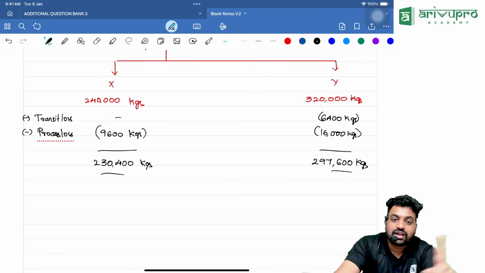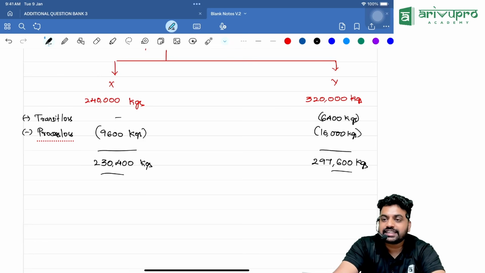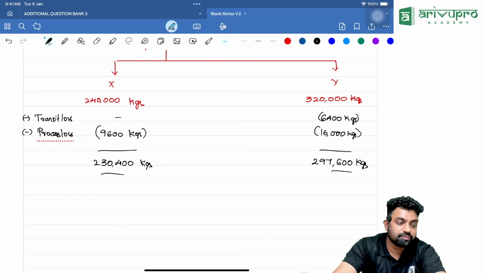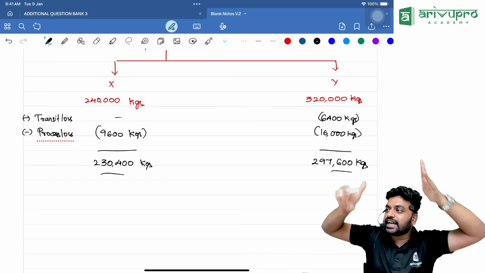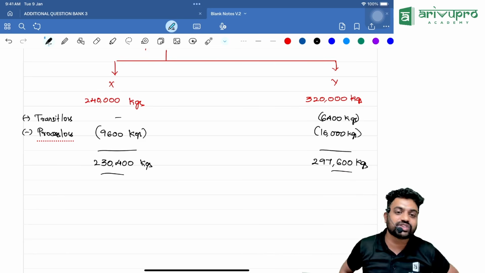Now, but still, whatever we computed here is wrong, guys. Guess why? You should add it. Why? Because if you purchase 240,000, 9,600 is already lost. We can't produce 80,000 units. Try to understand. We need good units of 240,000 and good units of 3,20,000.